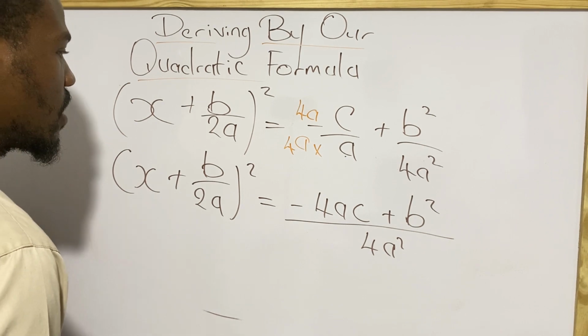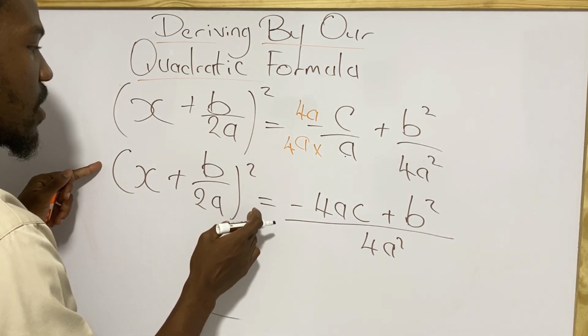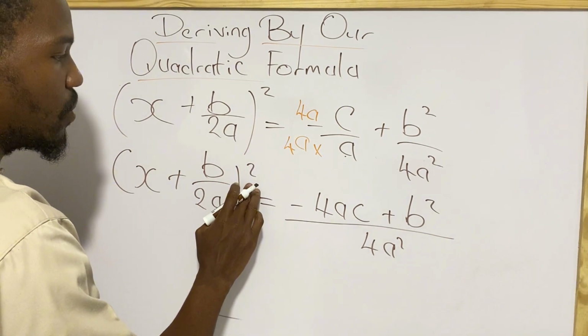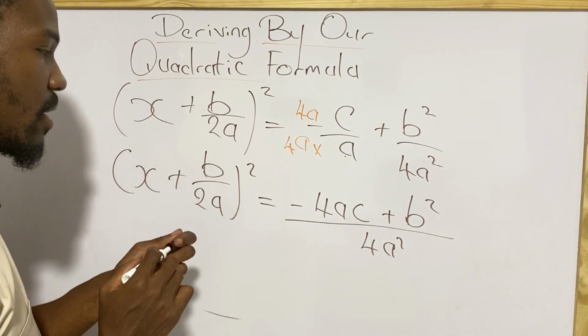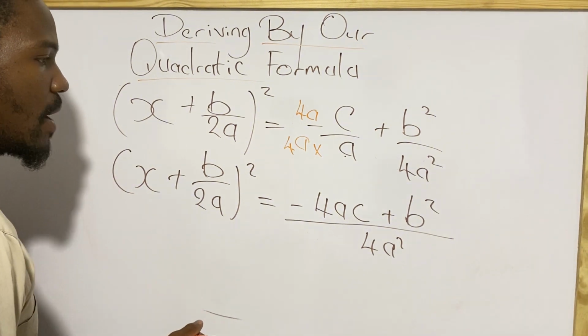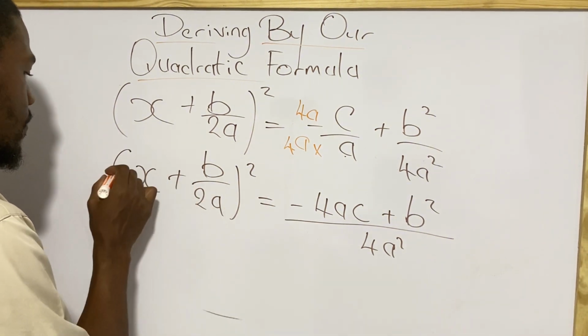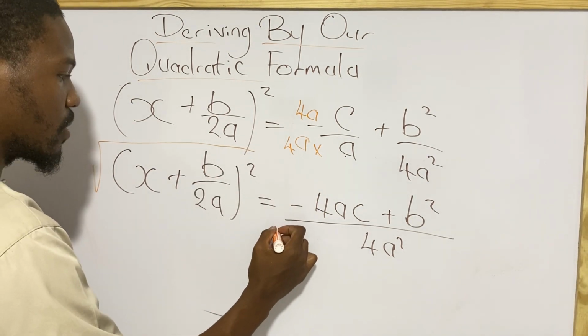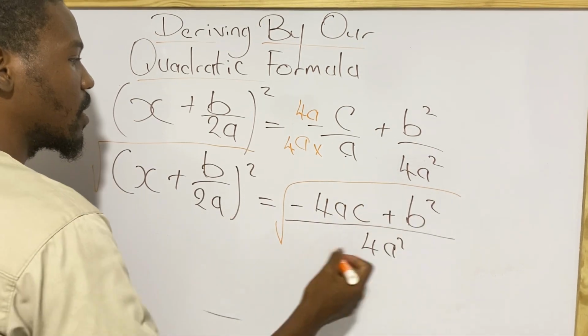The other thing is that I need to actually remove the square sign, and in doing this, I would find the square root of this right here. And in finding the square root of that, we also have to square root the other side.